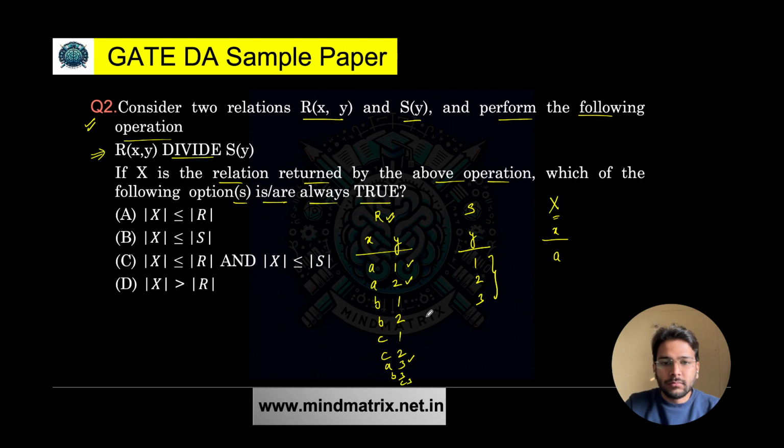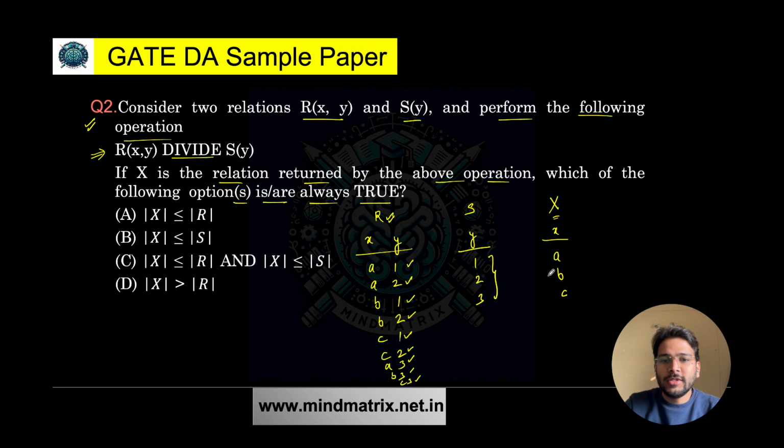Clear? What about B? For B, if you see carefully, you have 1, yes, you have 2 as well, and you have 3 as well. So you will be getting B as well. What about C? Yes, C will be there, because for C you have 1, you have 2, you have 3, so C will also be there. This is one of the examples.